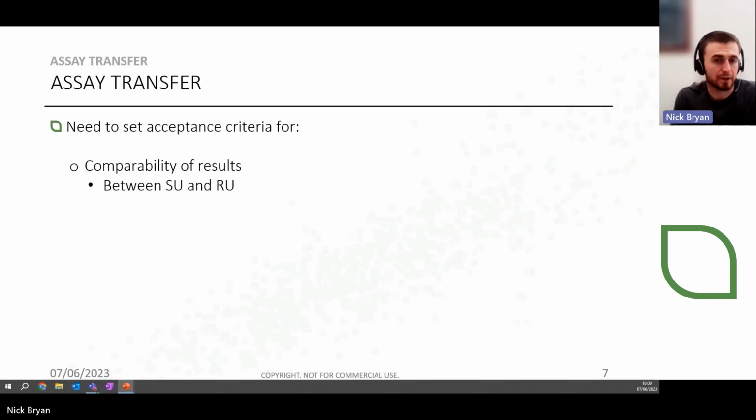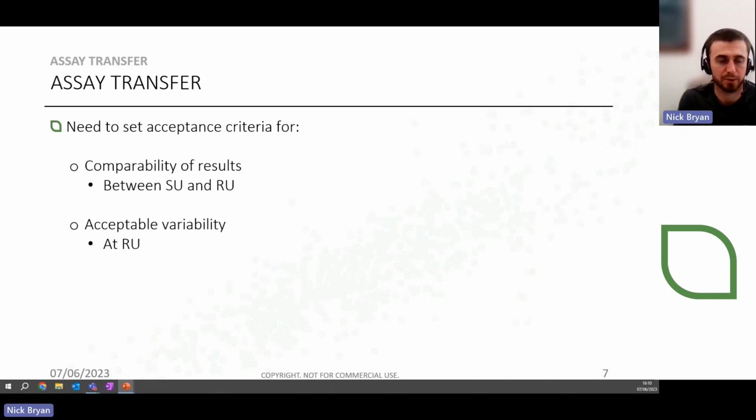So we'd look at both comparability in terms of the results, such as the relative potency at both the sending unit and the receiving unit. And we'd want to look at acceptable variability at the receiving unit.